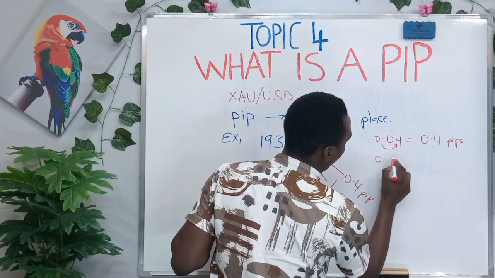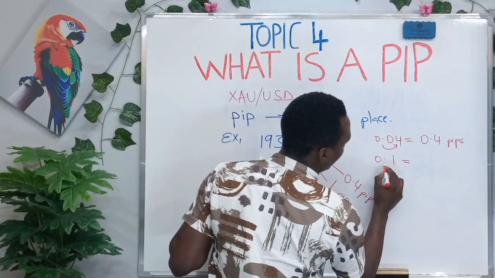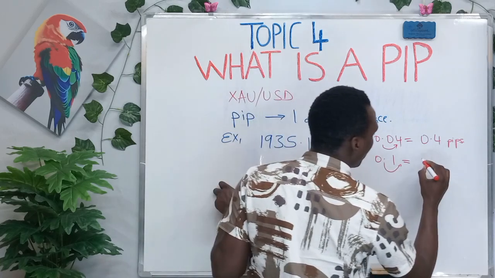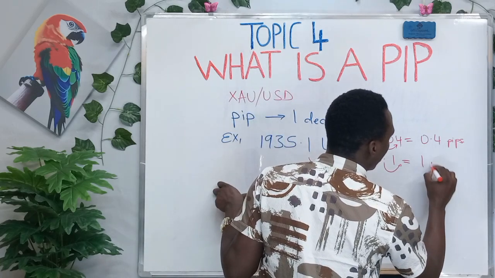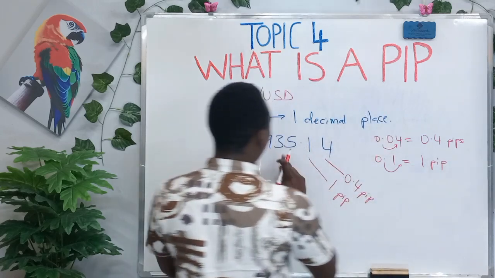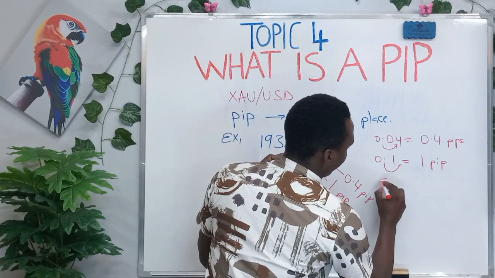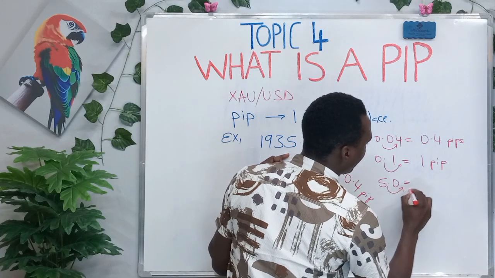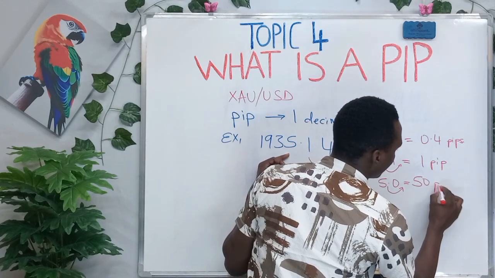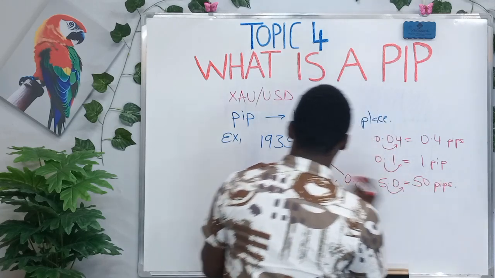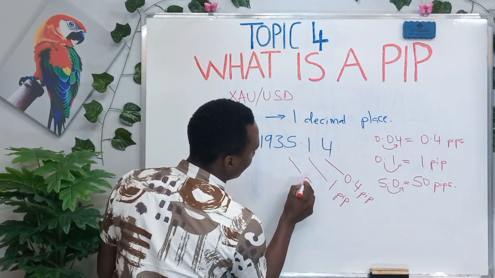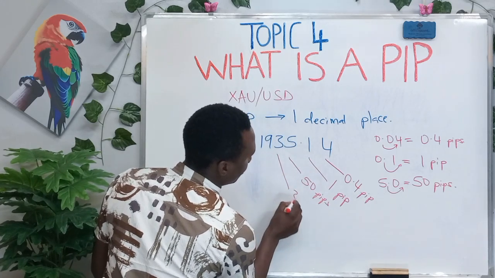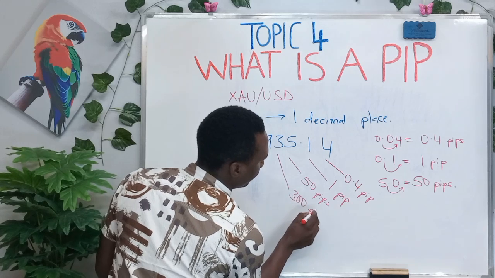We are having 0.1, which we move to one decimal place, and we get 1 pip. In the same spirit, 5.0, we move to one decimal place, we get 50 pips. What about this? 300 pips.